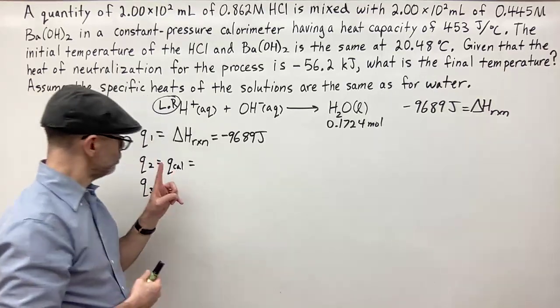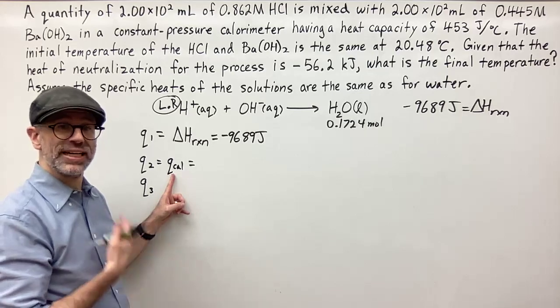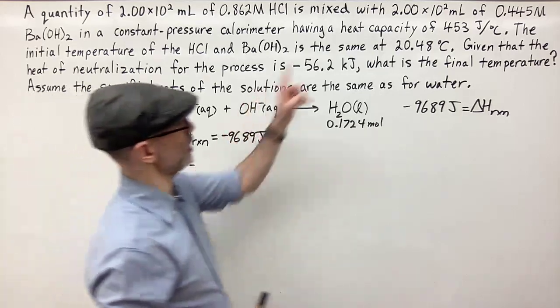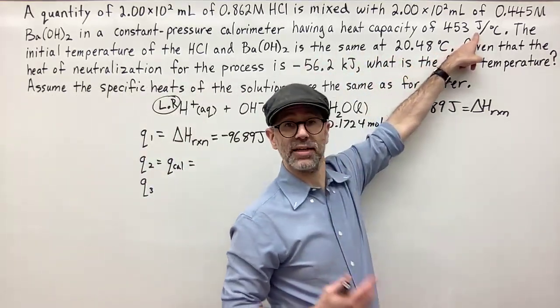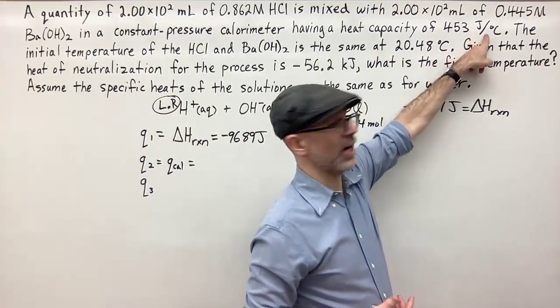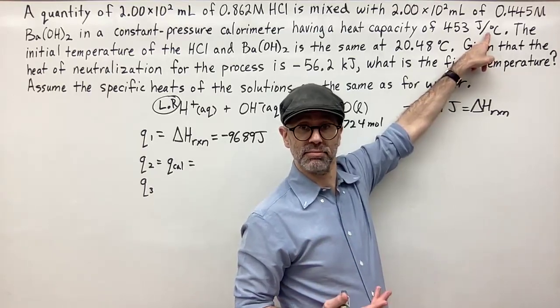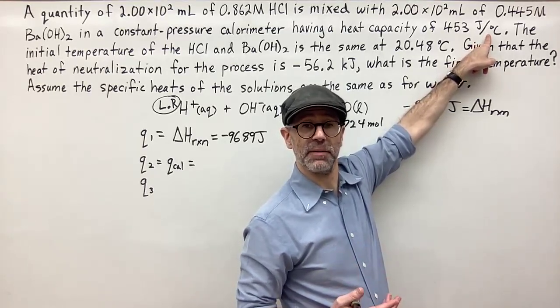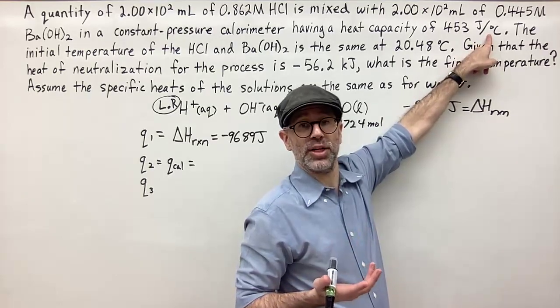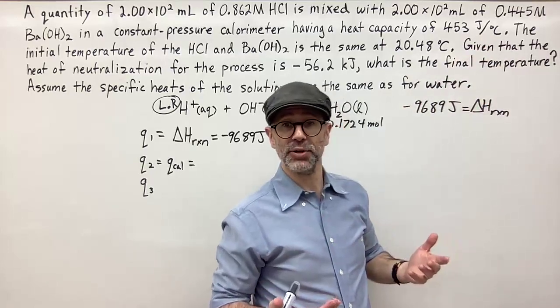And so here we need joules. We need a heat energy. And so in order to get that heat unit, that energy unit, joules, we need to get rid of the temperature, the degrees Celsius here. So how are you going to get rid of degrees Celsius if it's on the bottom? You multiply by degrees Celsius.